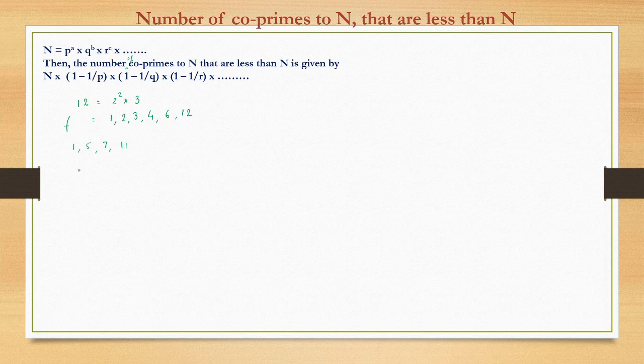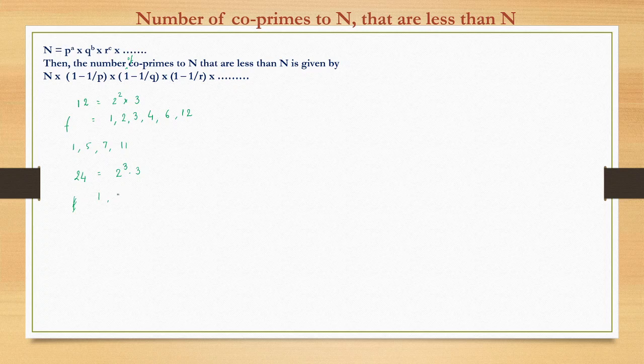Had we been asked to find for 24, we need to know 24 is 2 cube into 3. What are the numbers which are less than 24 and co-prime to 24? Starting from 1, 1 is co-prime.